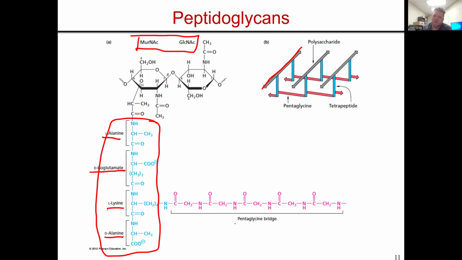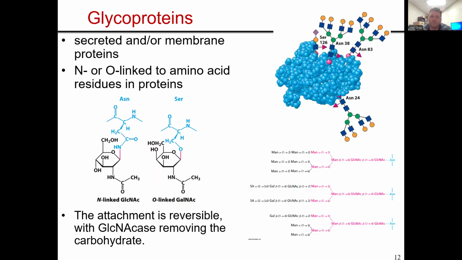Then there's a pentaglycine bridge that links to the next peptide. So a peptide is linked by a pentaglycine to another peptide, repeated over and over again, with these sugars making up that peptidoglycan layer.